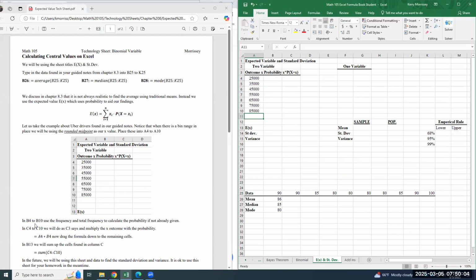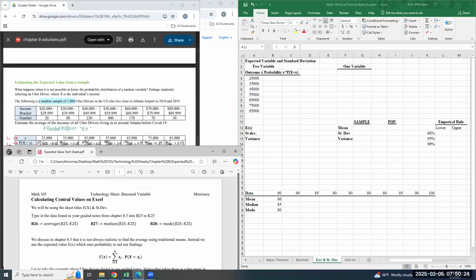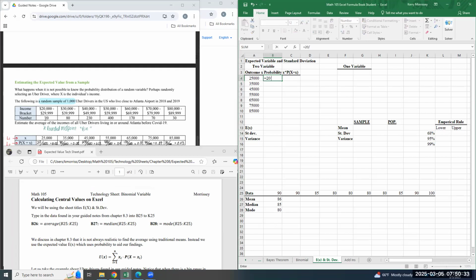So now that we have all of these typed out, we're then going to go over to your probability. So it says in B4 to B10, use the frequency and total frequency to calculate the probability if not already given. So sometimes in your homework, they give you the probability and other times not. Notice that we have been given your frequency here. And we also know that we have 1,000 Uber drivers. So that is exactly what we did here, where it says the probability of X. So if I'm taking this one here, we have equals the 20 that it occurred over the total 1,000.